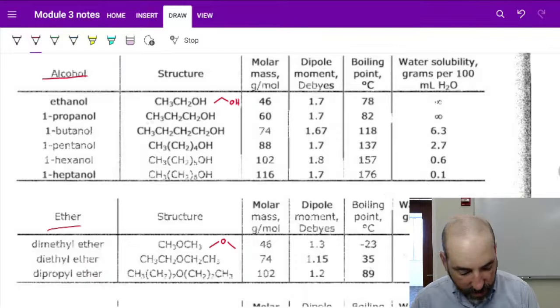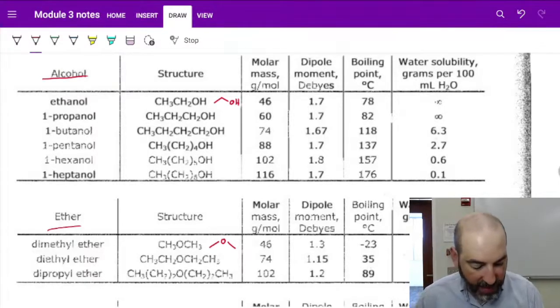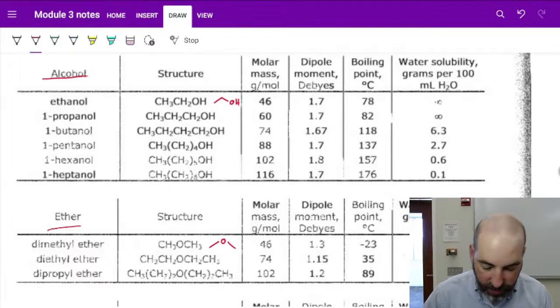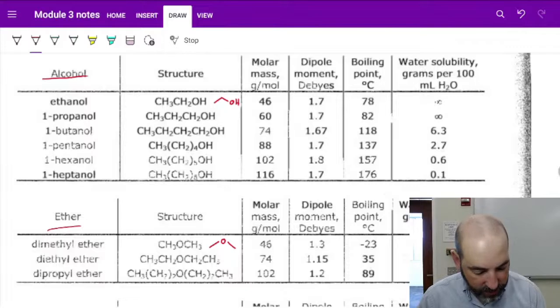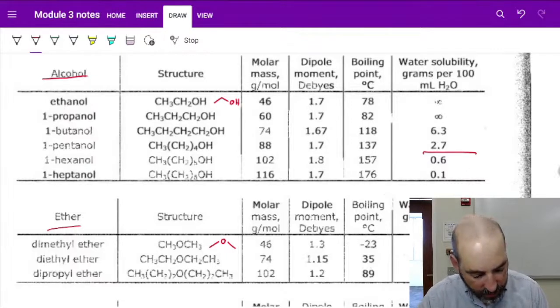If you've got 3 carbons, you're still infinitely soluble in water. 4 carbons, now it's not infinite anymore, but it's still fairly high, up at 6.3. And then you add 5 carbons, you go down, and then all of a sudden right here you've crossed that threshold of 1. So the question that we just looked at said, when you drop below 1, we say that means no longer soluble. So here we're saying that these alcohols are soluble in water, and these alcohols are insoluble in water.